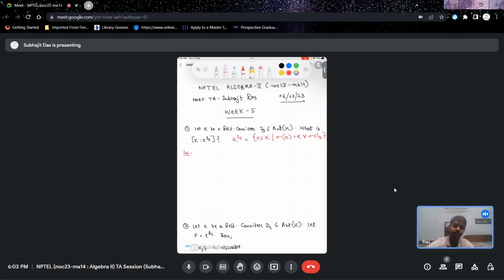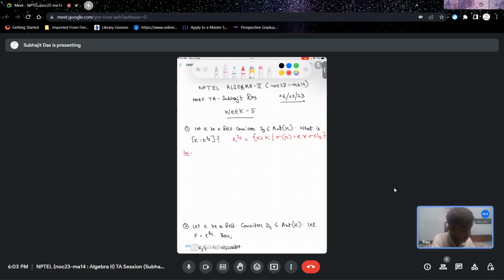I'm looking at its image in Aut K and applying that automorphism on alpha. And if sigma of alpha is alpha for all images of all elements of S3, then we say alpha is included in the fixed field. Anyways, this one is very easy.